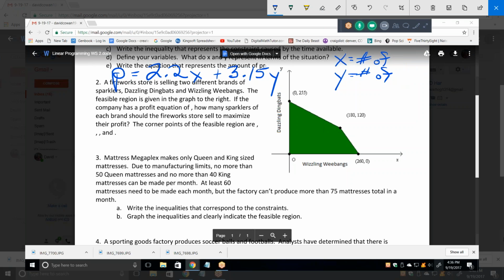The x variable is the number of the WWs. The y variable is the number of the DDs, the dazzling dingbats. They're both sparklers, and it matters which is which. Because remember, we're going to come up with a final answer that tells us how many WWs we should sell and how many DDs we should sell. So we have to know which is which.